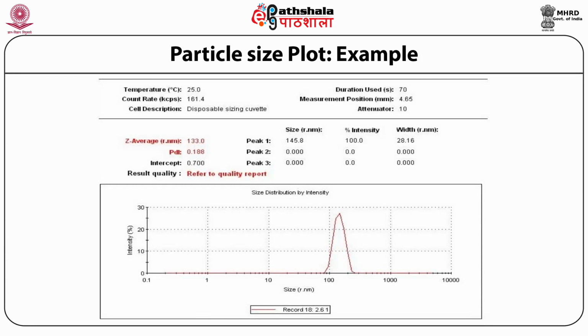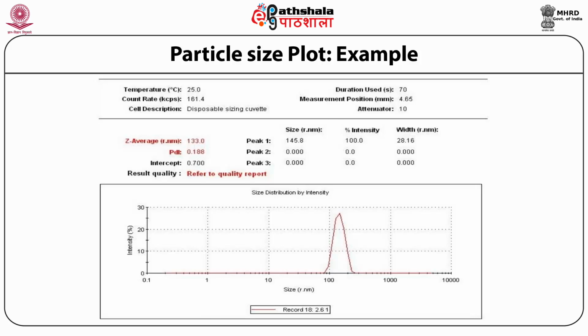This image is the plot which we have obtained after giving the sample to a Zetasizer. In the first row, we obtained the temperature at which the particle size analysis was done, that is around 25 degrees Celsius. In the second row, we obtained a mean diameter, that is 133 nanometer.